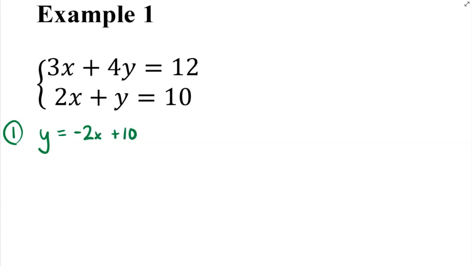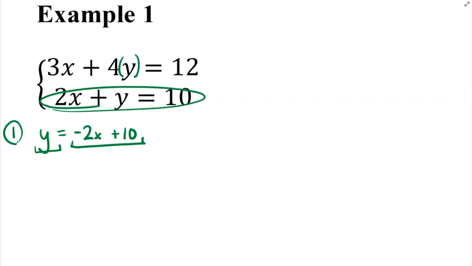Okay, so we know that y, according to this equation, is the result of negative 2x plus 10. Y is equivalent to what negative 2x plus 10 would be. But if I take this expression value and now replace it in the other equation where y exists, so right here, if I change this y value into this expression, then when I rewrite that equation, we will have an entire equation written in one variable.